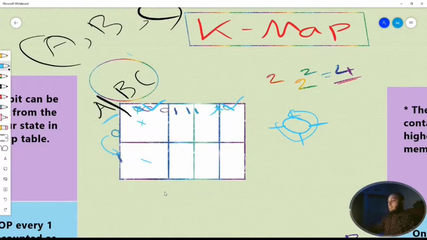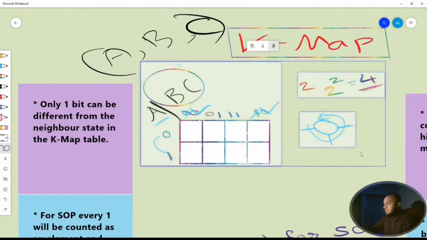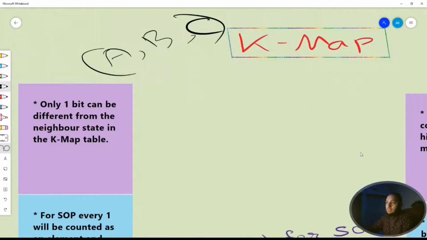Okay, now let's see how we can put the outputs from the truth table into the K-map table. So let me clean this up. Let's say we have a truth table that looks like this.